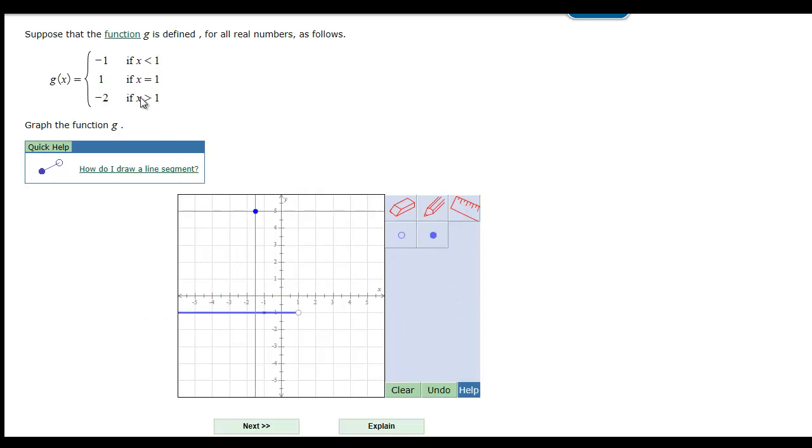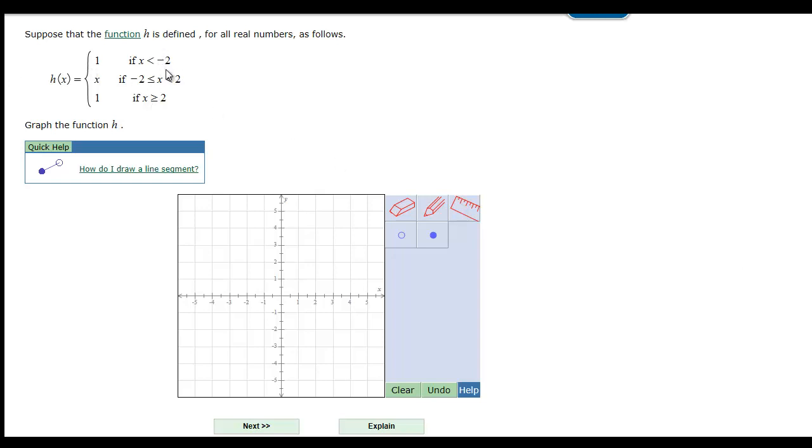When x is exactly equal to 1, y coordinate is 1. And when x is bigger than 1, you have -2 and up. All of those y coordinates are also going to be -2. So it will be a ray starting at 1, -2, and going to the right. All right, let's take a look at another example here.